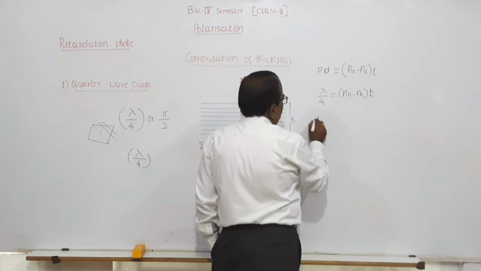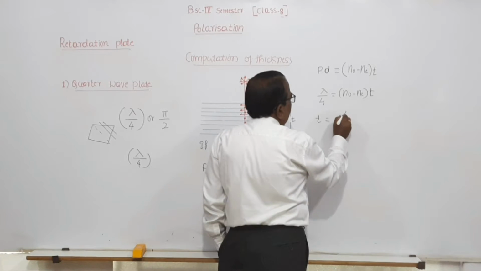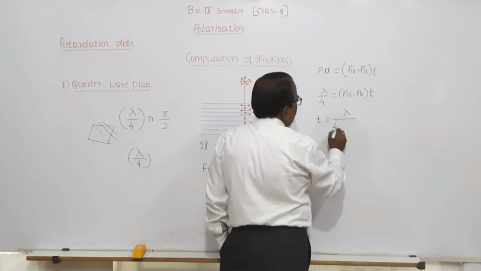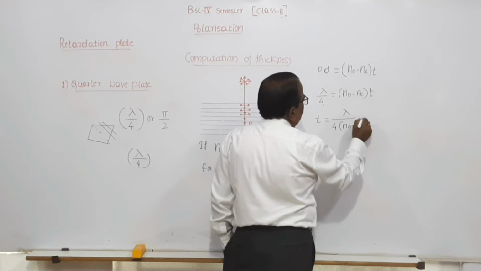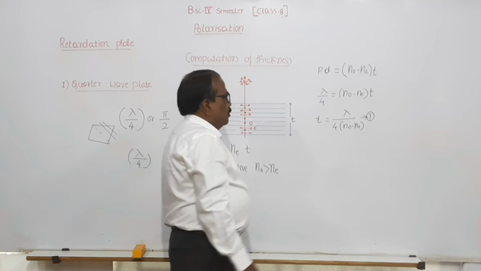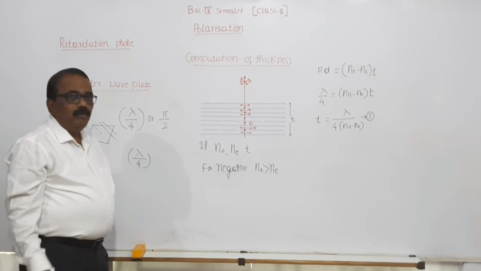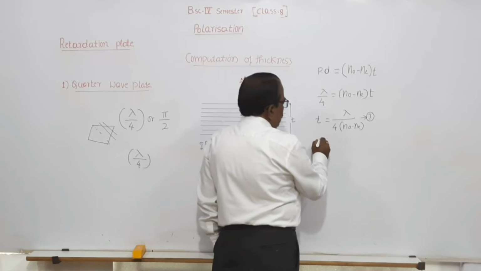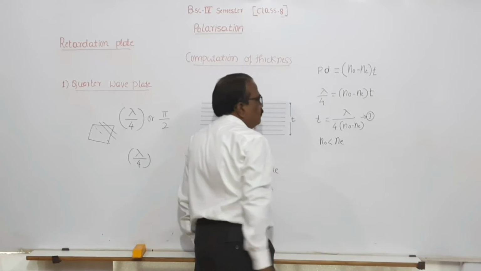Therefore, T is lambda upon 4 into NO minus NE. Call this equation 1. This is for a negative crystal. If the crystal is positive, we know that NO is less than NE.